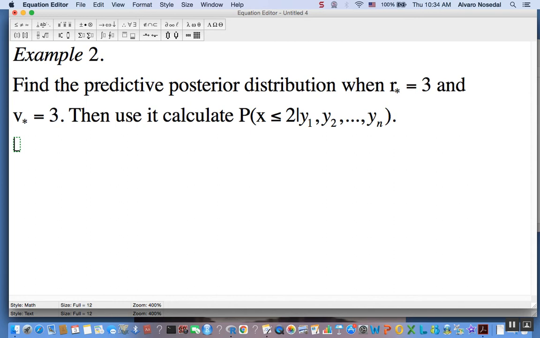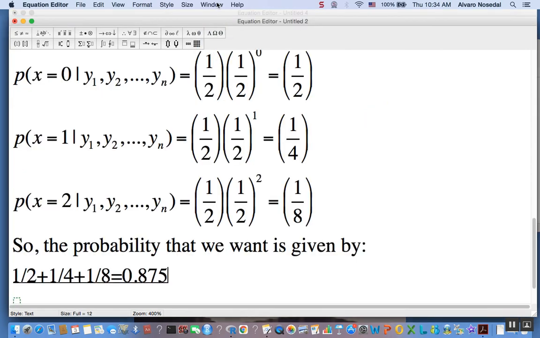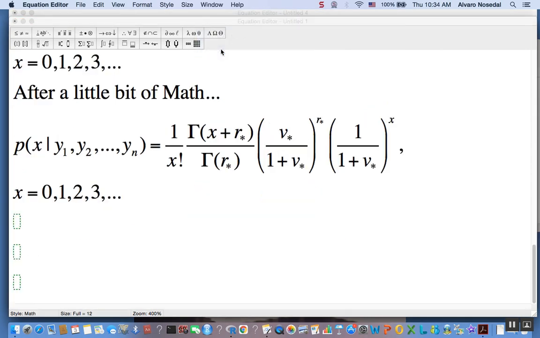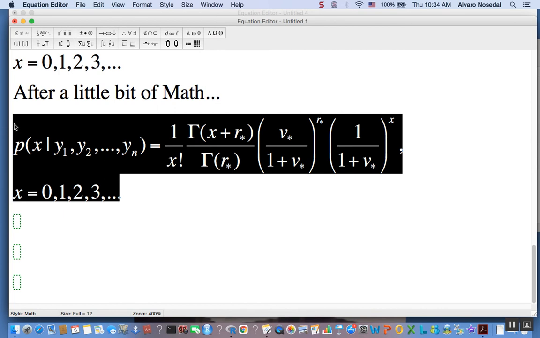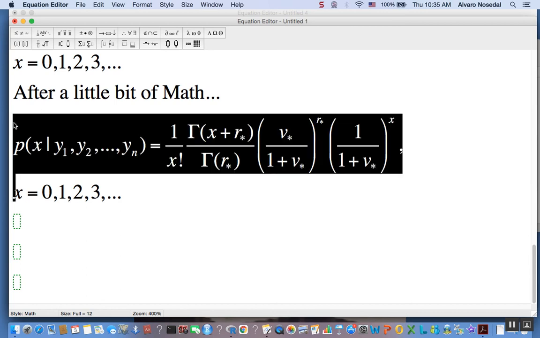So, solution, just like before. Here we have the expression, the general expression for the predictive posterior distribution in this kind of situation, where we have Poisson data.